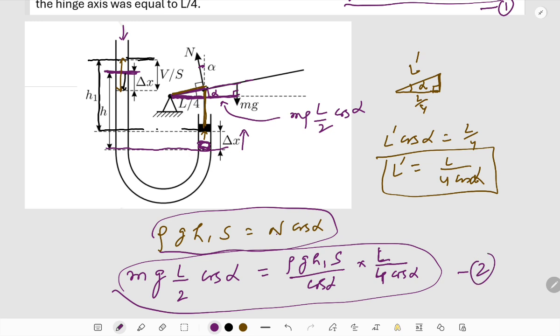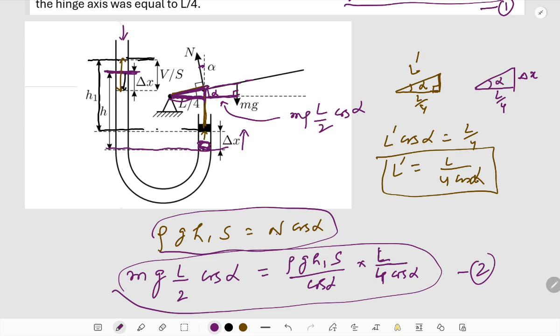This is the lever equation in the new equilibrium condition, and we need to find one more thing, that is delta x, because without delta x we are not going to move any further in the solution of this problem. So we need to find out delta x. And I guess if you can see this picture, in this triangle this length is delta x and this length is L by 4, and this angle is alpha.